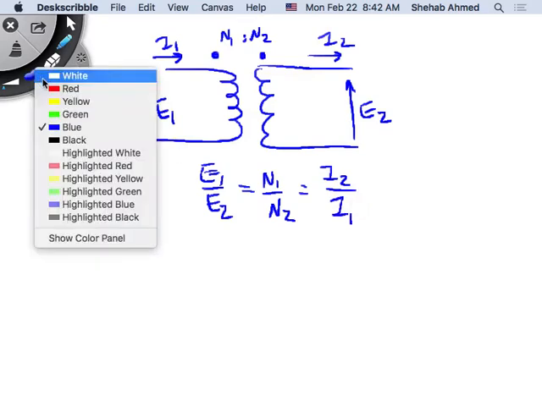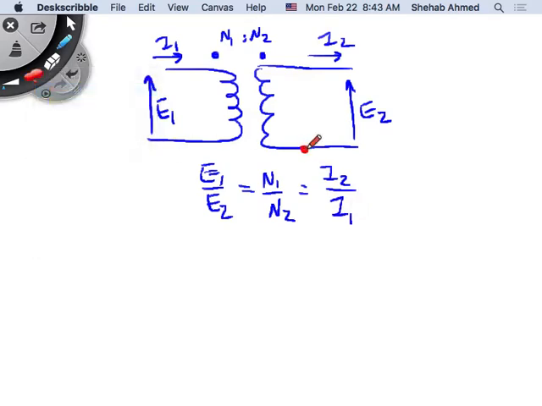So if I do this, what happens? Basically, what I have is the following. This is the same. I'll draw this. The dot is still here. The voltage here is still E1.